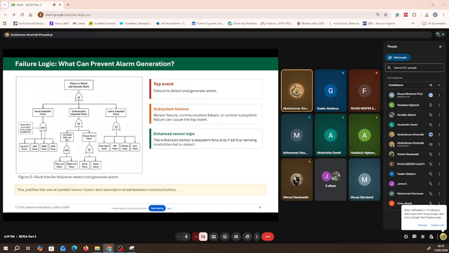For the control subsystem, the Fusion Engine, VMS, AI module, and alarm system must operate successfully. If one of these required components fails, the system may not generate the alarm. So the key point is that surveillance reliability depends on the complete chain: detection, communication, processing, and alarm generation.